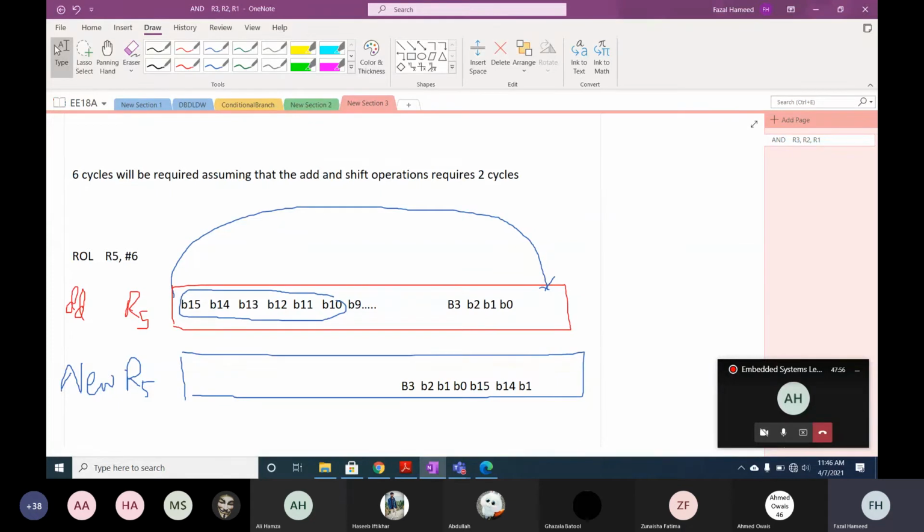B13, then B12, B12, B13, then B12, B11. B11, and then 4 तक ऐसे ही जाएगा. B10. And what will be the MSB now? B3 हो जाएगी. Now, what will be the MSB?